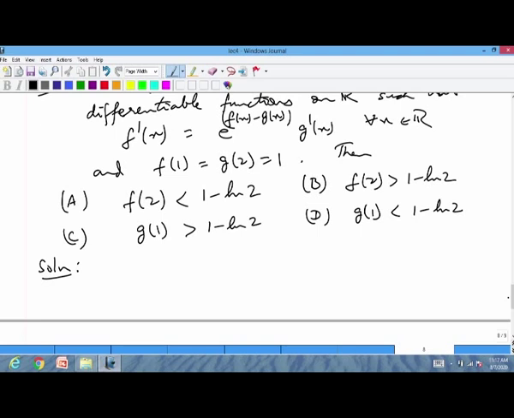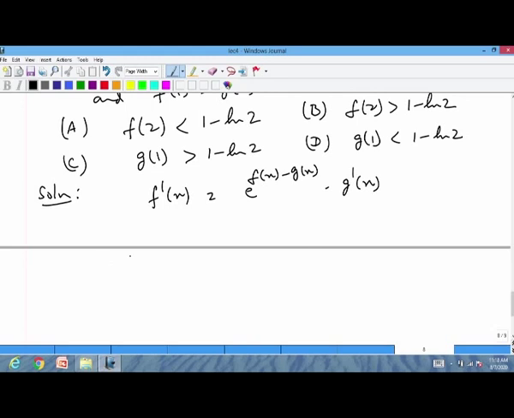So, we are given f prime x is equal to e to the power f(x) minus g(x) times g prime x. So, this implies e to the minus f(x) times f prime x is equal to e to the minus g(x) times g prime x.